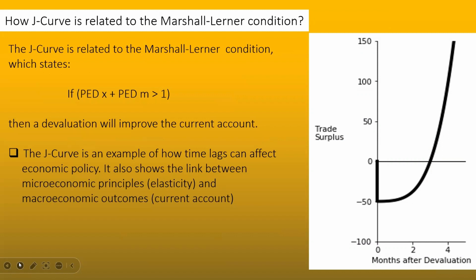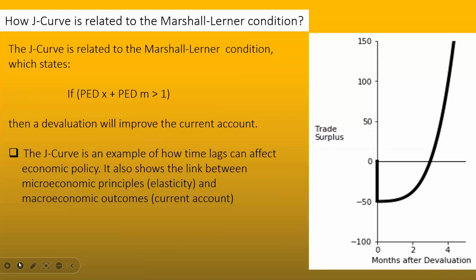So now we will discuss how the J-curve is related to the Marshall-Lerner conditions. The Marshall-Lerner conditions were given by Alfred Marshall and A.P. Lerner. It shows the relationship between price elasticity of demand for exports and imports and its effect on the country's balance of payments situation.